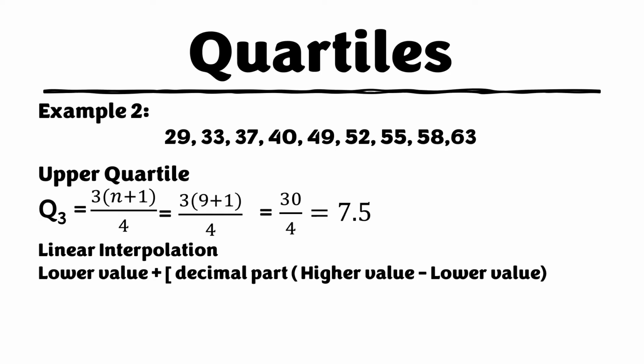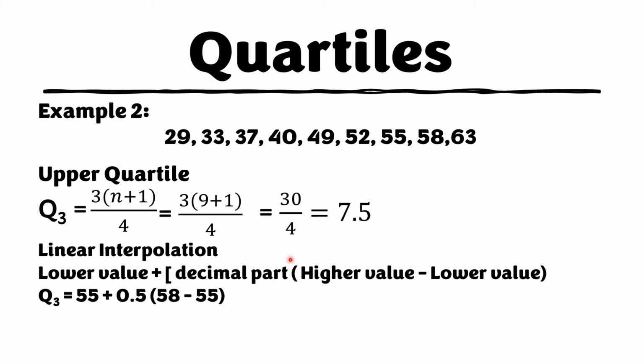That is lower value plus the decimal part times higher value minus lower value. So we have Q sub 3 is equal to 55. The seventh observation in the given data is 55. So we have 1, 2, 3, 4, 5, 6, 7. So this is the seventh observation, which is 55. That will be our lower value.